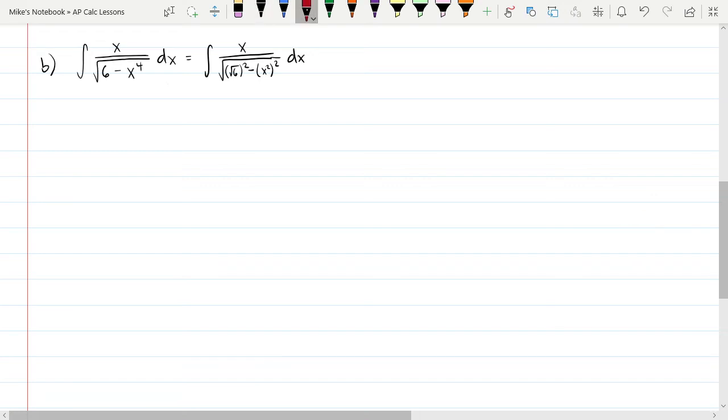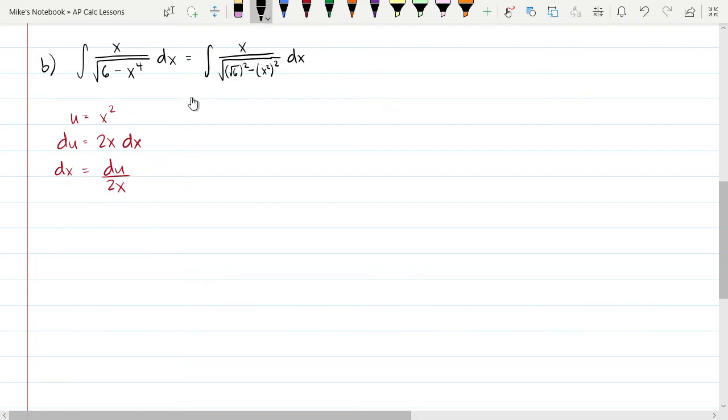So that means our u is going to be x squared. Our du is therefore going to be 2x dx, or in other words, our dx becomes du over 2x. And that's why that x in the numerator is going to be okay, because that's going to cancel out with this x that I have in my dx.